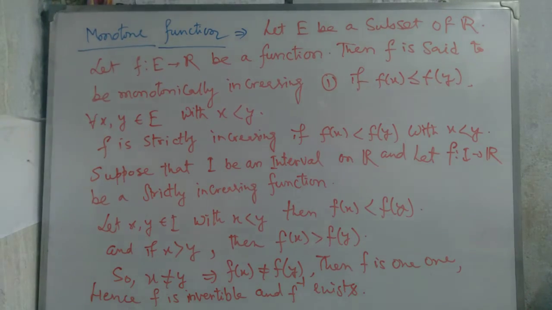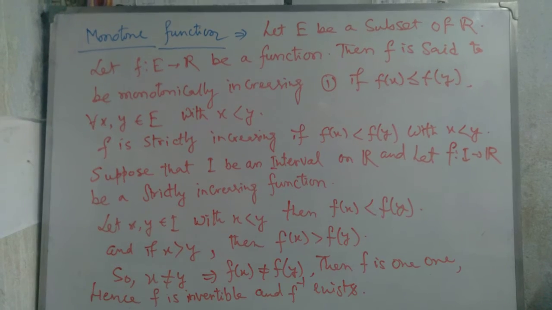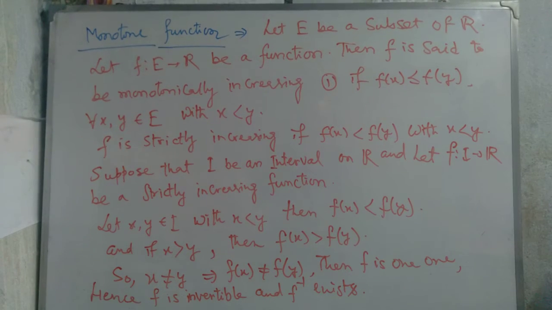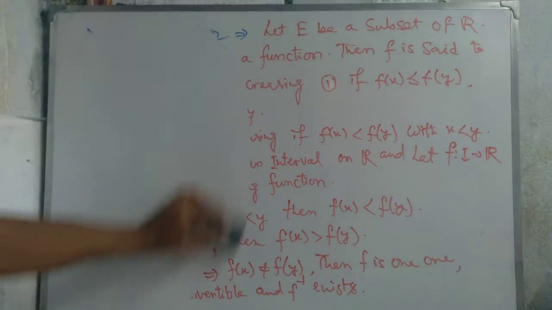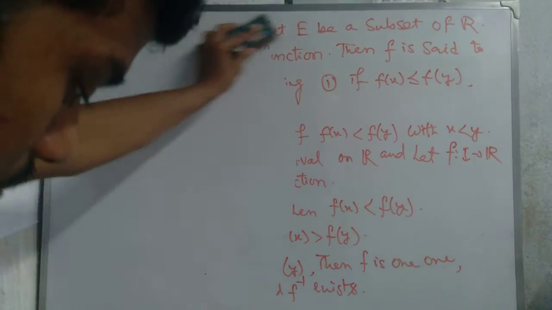So if f is strictly increasing, then f is one-one, so f is invertible. We also know about it. Next we erase this portion and go on to some examples of strictly increasing functions.